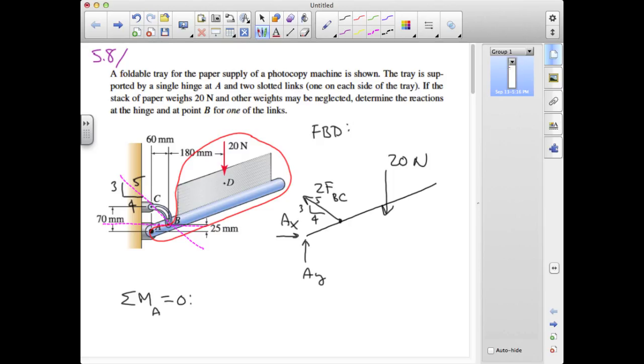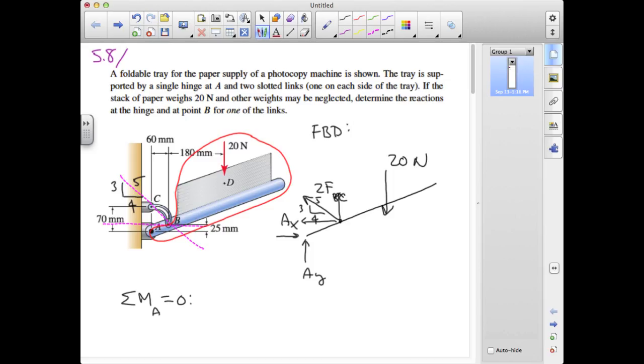And we'll just note that we'll break up this force into a horizontal component and a vertical component. Both of those components are exerting counterclockwise or positive moments about A. And so for the horizontal component, I've got 2 FBC times the cosine of that angle, which is just 4 over 5. And then the moment arm is 25 millimeters.